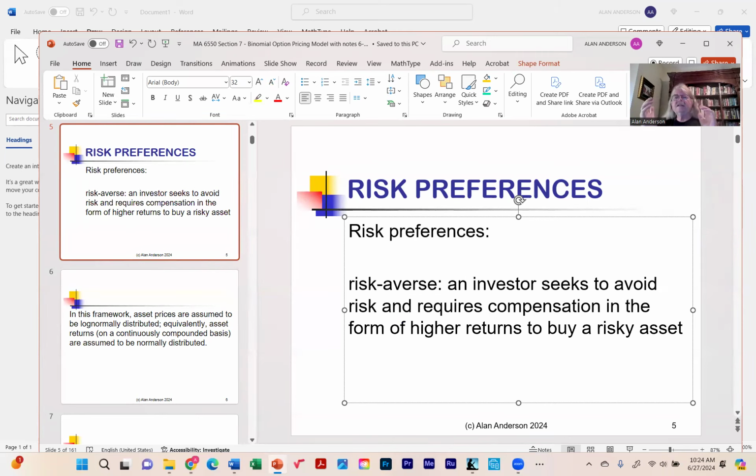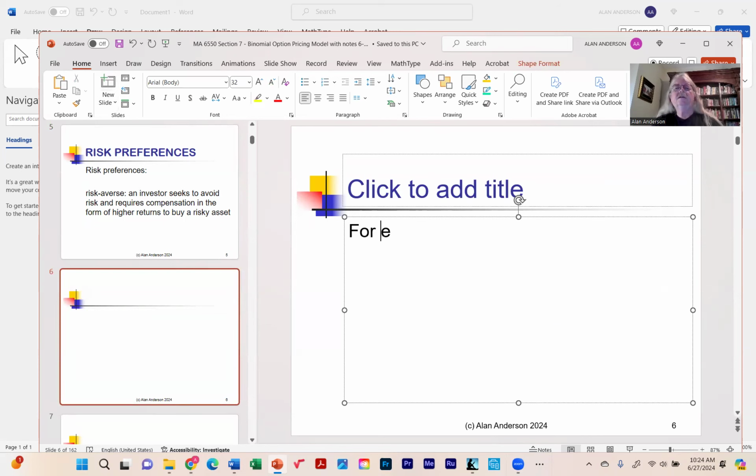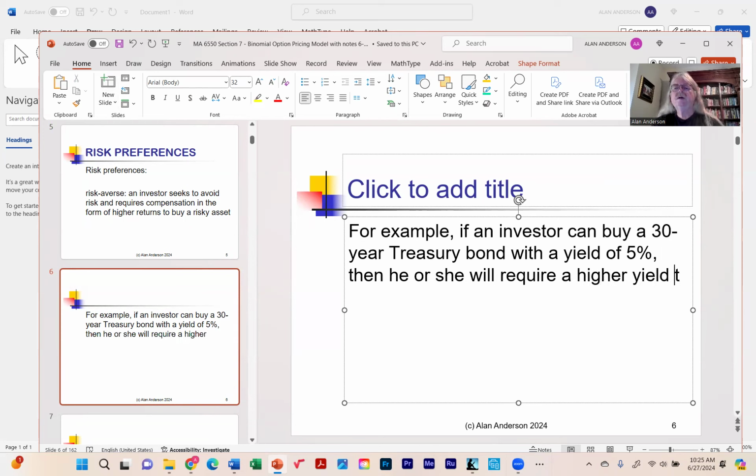So let's say, just as a quick example, if an investor can buy a 30-year treasury bond with a yield of 5%, then he or she will require a higher yield to buy a risky corporate bond.